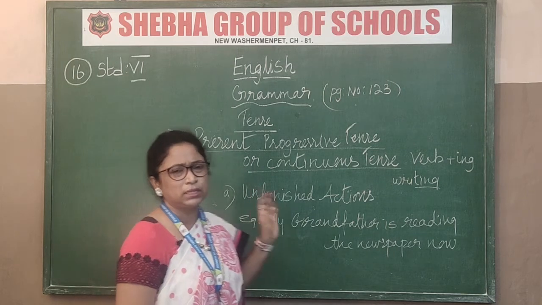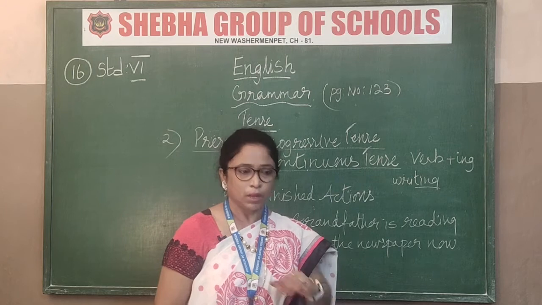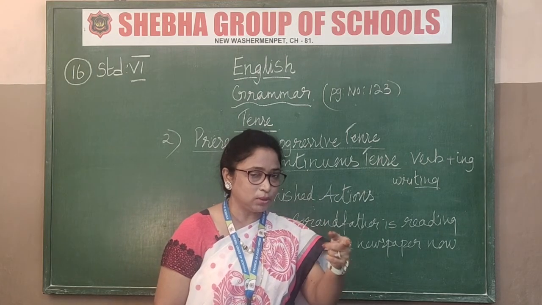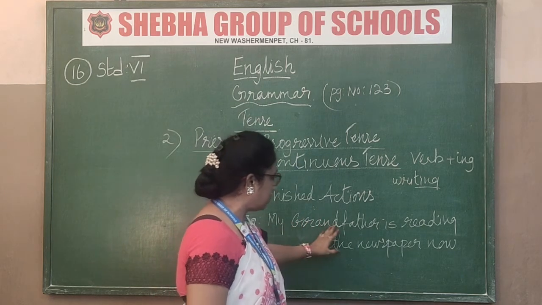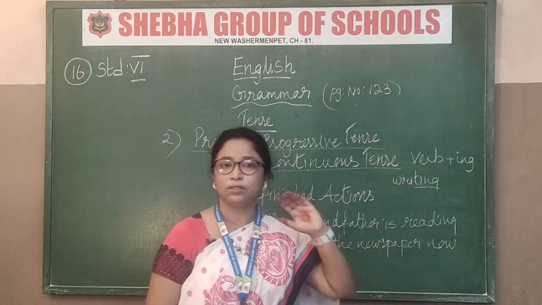Present progressive is what is happening now. Happening is also the same, progressive only. For example, my grandfather is reading the newspaper now. He is reading only. He has not finished.